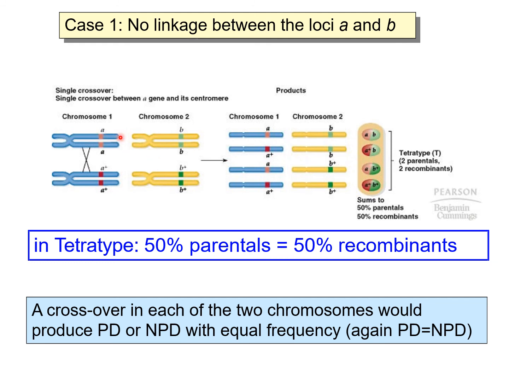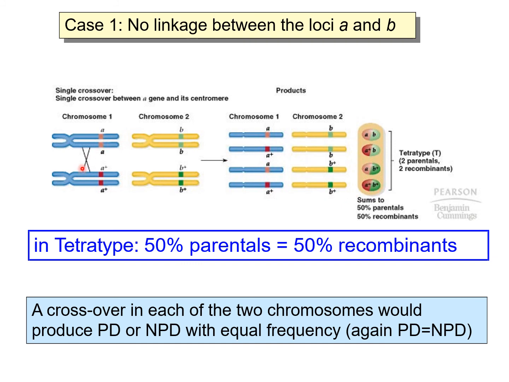See, this chromatid has not taken part in the crossover, therefore this haploid will be like A and B. So this is like a parental genotype. Even this has not taken part, so it will be A plus B plus, again like parental.